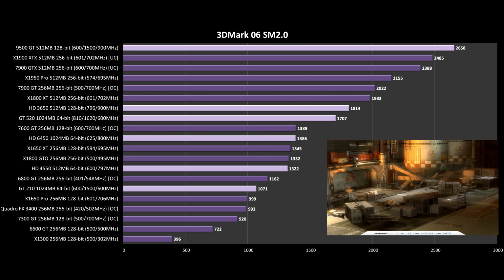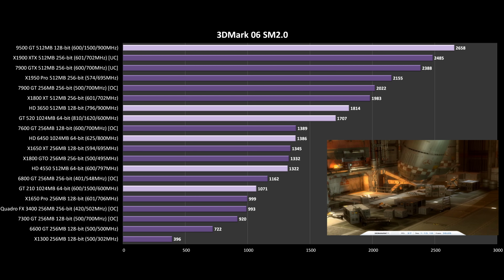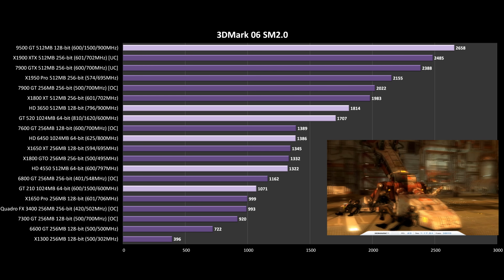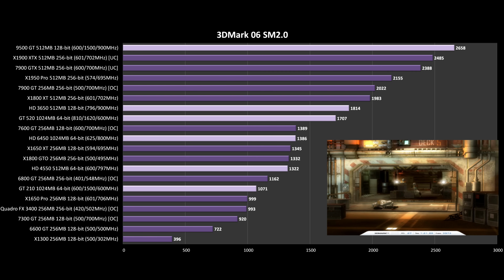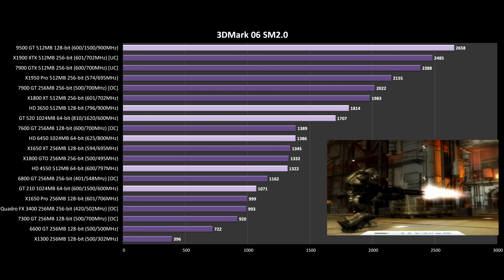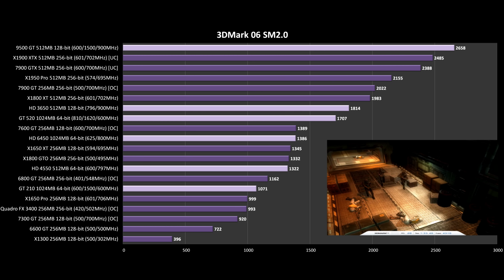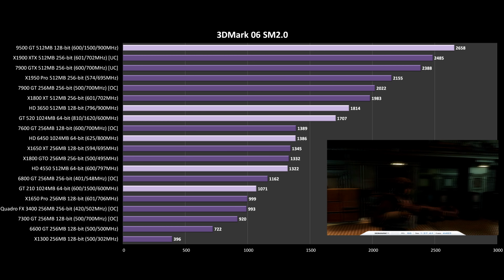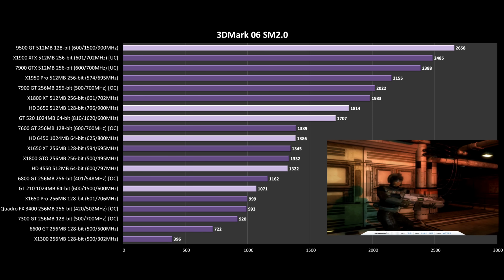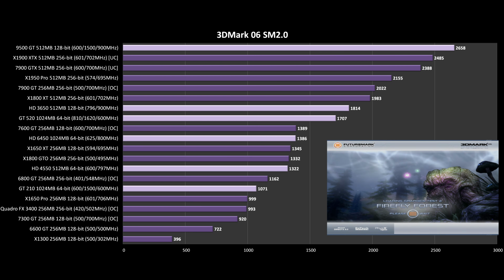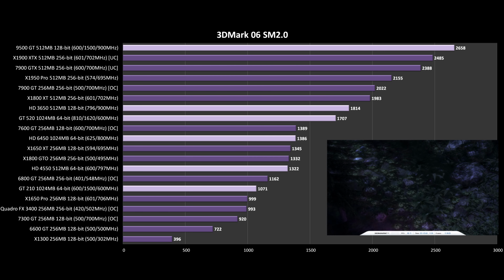HD 3650 and GT 520 are at halfway point between 7600 GT and X1800 XT, with X-series Radeon being just over 9% faster than mid-range DirectX 10 ATI card. GT 520 is over 20% faster than overclocked 7600 GT and represents the biggest performance jump between cards on this chart.